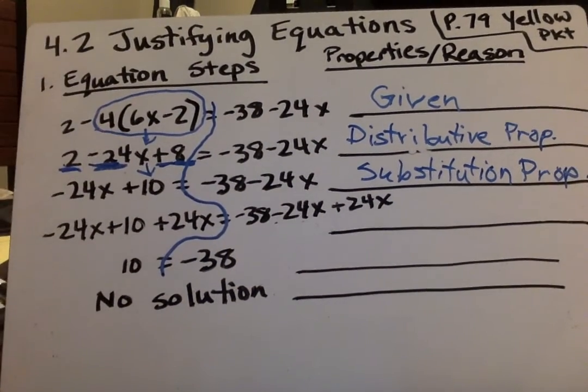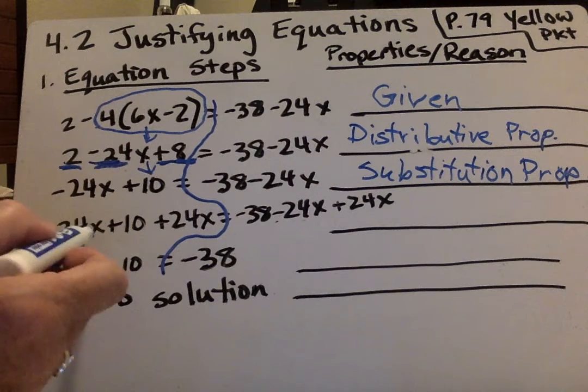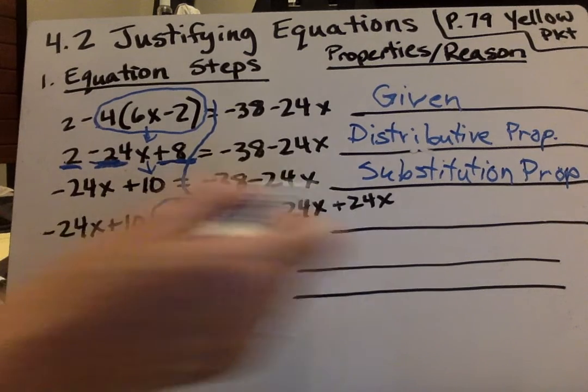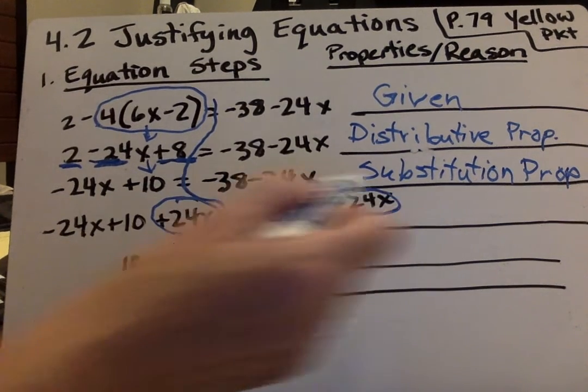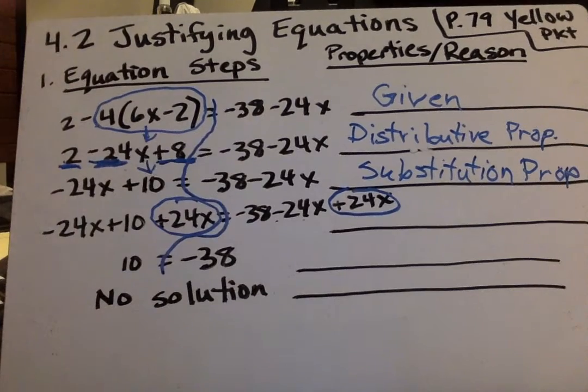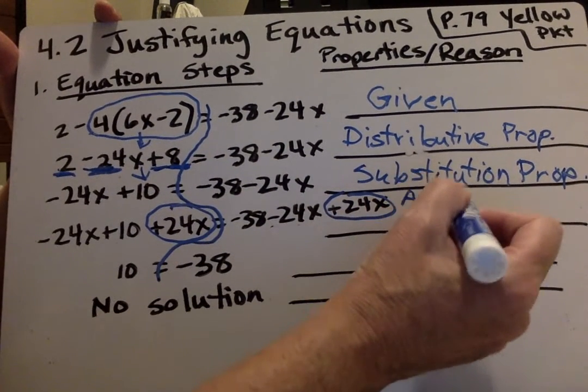Okay. Then we say, what happens from here to here? Let's see. We have a plus 24x here and a plus 24x here. So if we're adding the same thing to both sides of the equation, that is the addition property of equality.